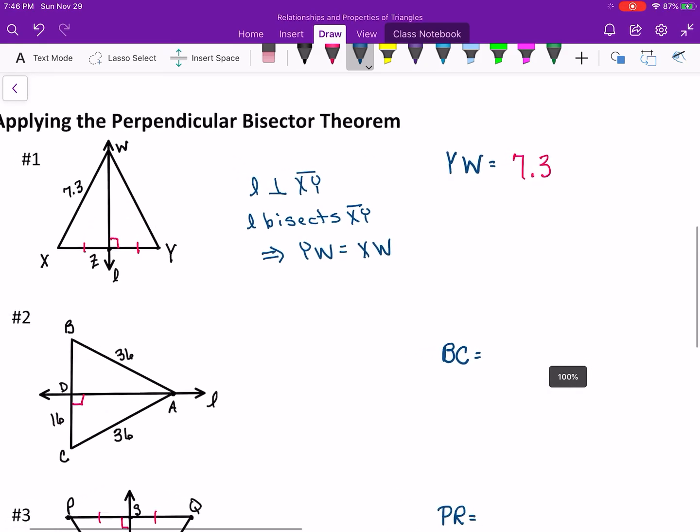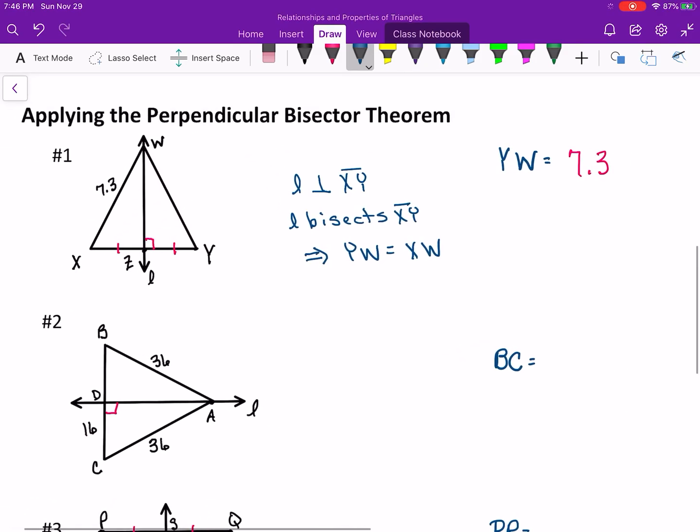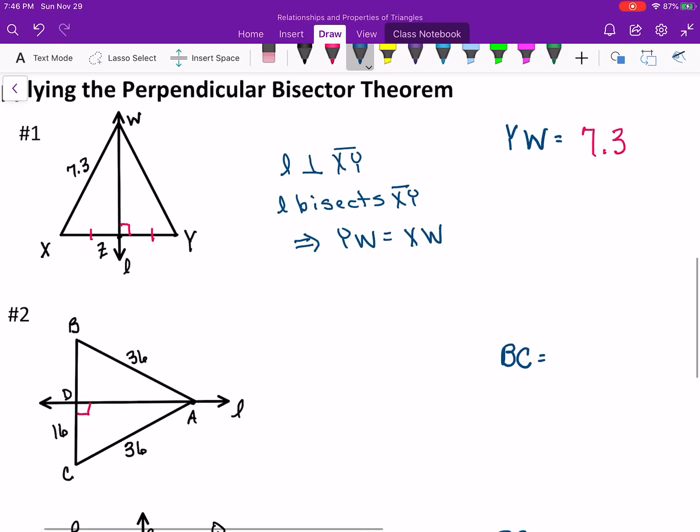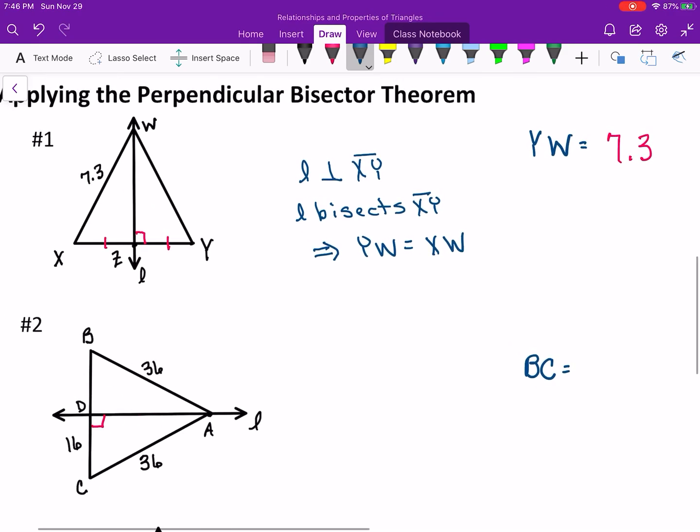All right, the second one. This time I've turned that triangle on its side. I don't want you to get too used to looking at them always standing up on that one side that gets bisected. All right, so this time we have triangle ABC, and we can see that L is perpendicular to BC.